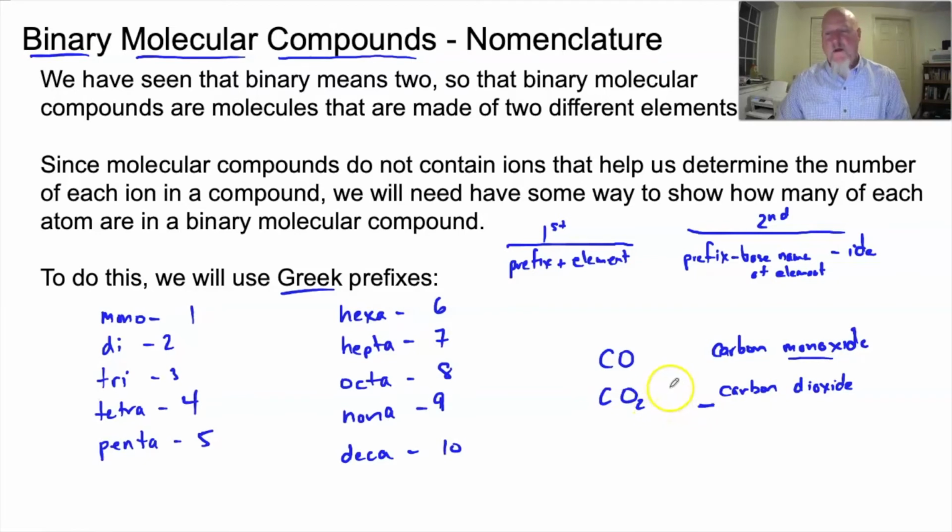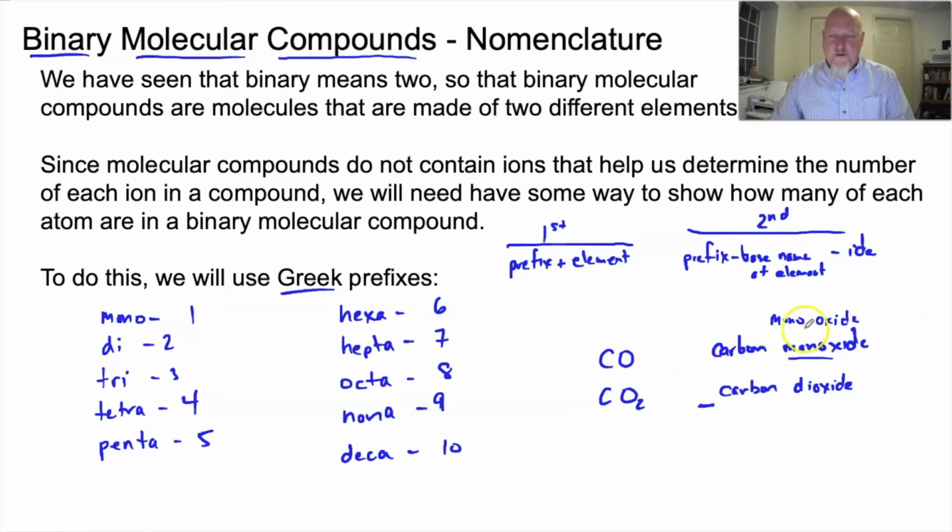All right. One thing to notice about that, our second thing here. The prefix is mono, and the element is oxygen, so we use oxide. So ox is the base part of oxygen. So we just put oxide in there because we have to end the second element in IDE.